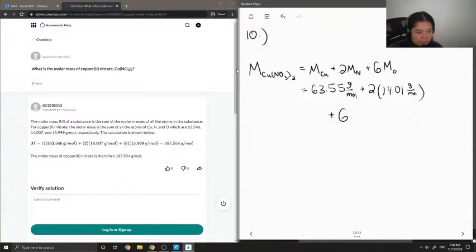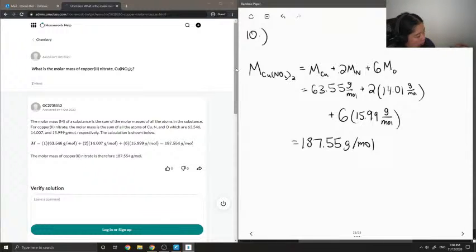And lastly, I'm going to add 6 times the molar mass of oxygen, which is 15.99. So if we add all these values together, we get a final molar mass of 187.55 grams per mole. So this is the molar mass of copper nitrate.